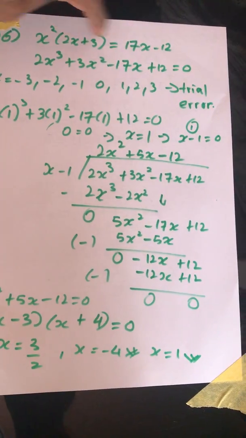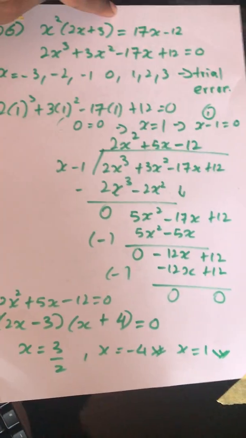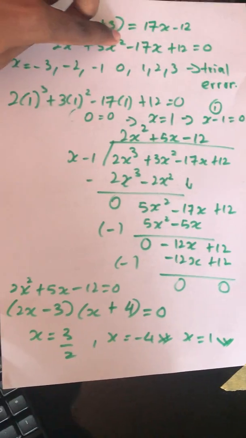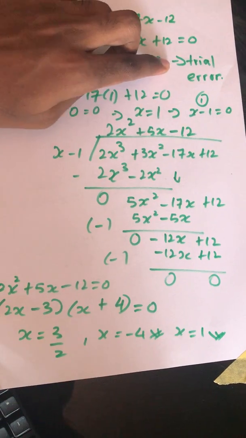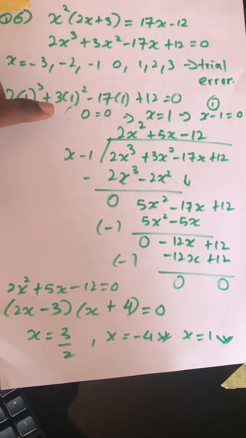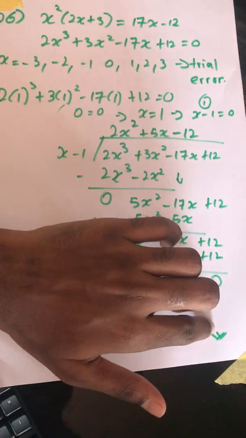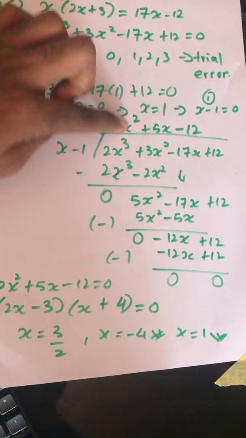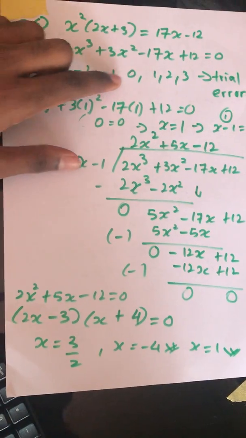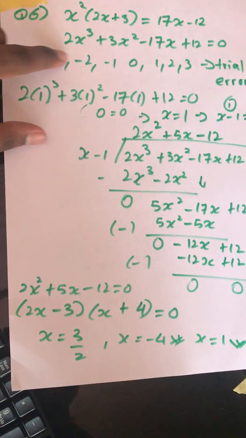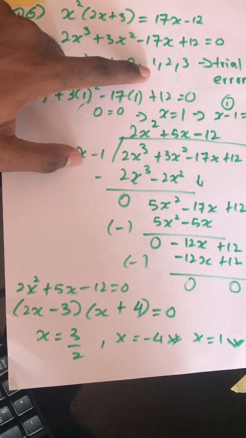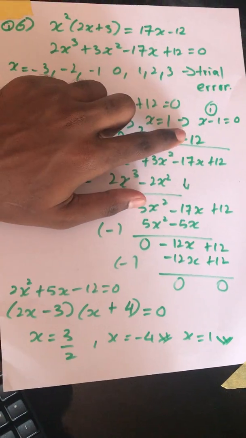I repeat again: they ask you to solve this long polynomial. What I did was expand it. After I expanded, I used the trial and error method. Usually it's from -3 to 3, or you can just press the calculator and it will give you these 3 values. Take the one that is easy for you to do long division. I already did the calculation, substituting each of these values into here, and I saw that 1 gives me 0.